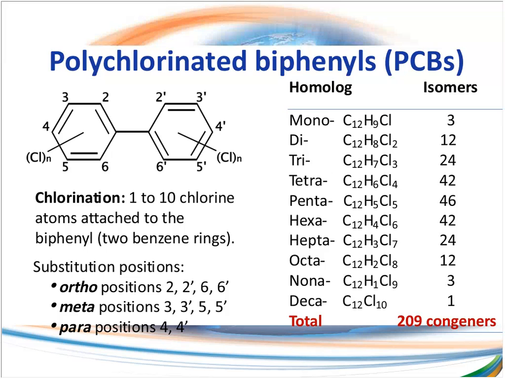Each of these, now with 3 chlorine atoms at these 2 benzene rings connected in the biphenyl, has 24 isomers. And that is sort of the most complex mixture you can have, PCBs.